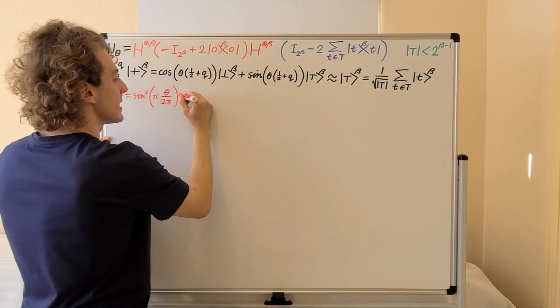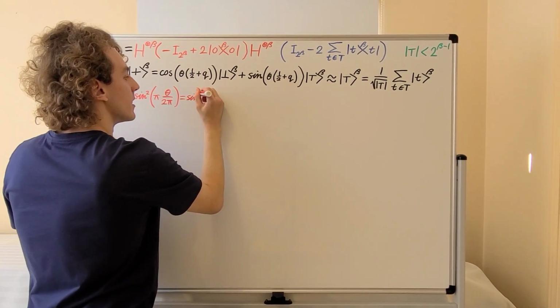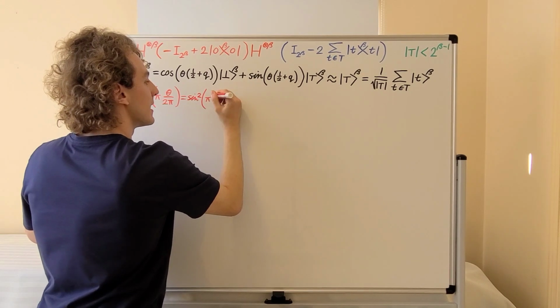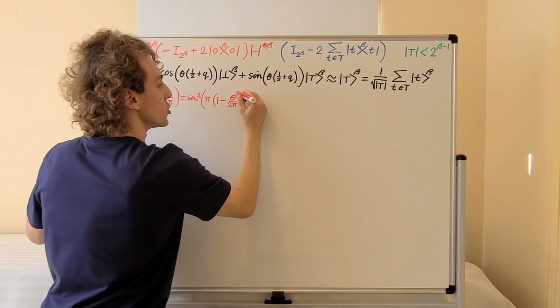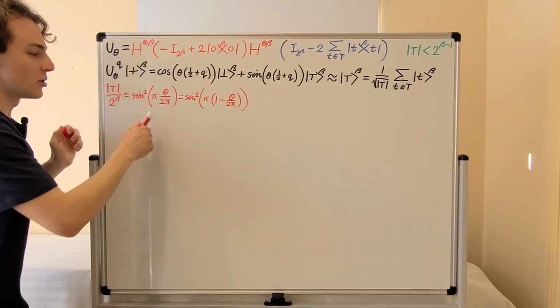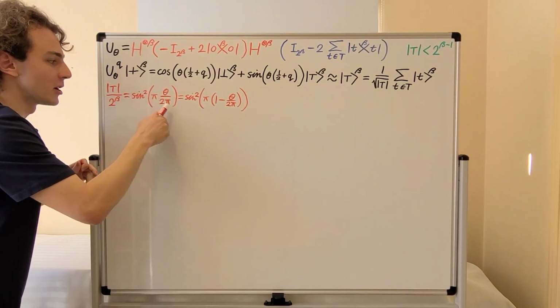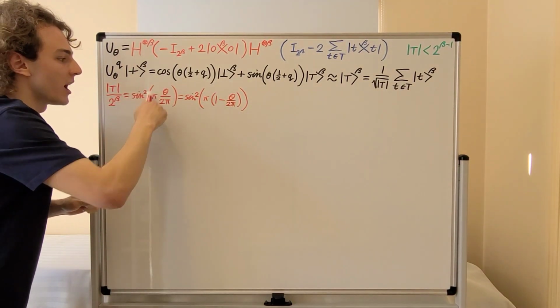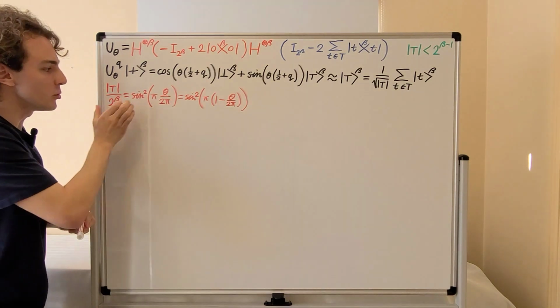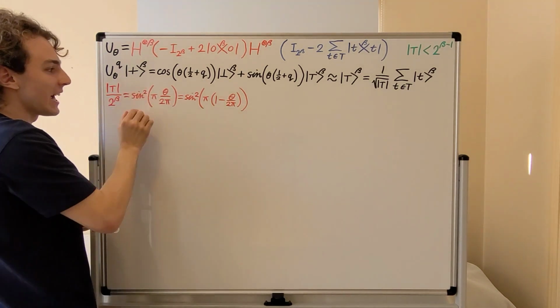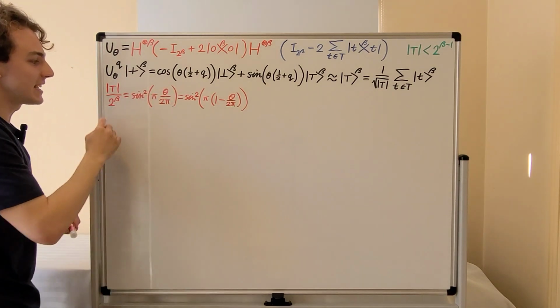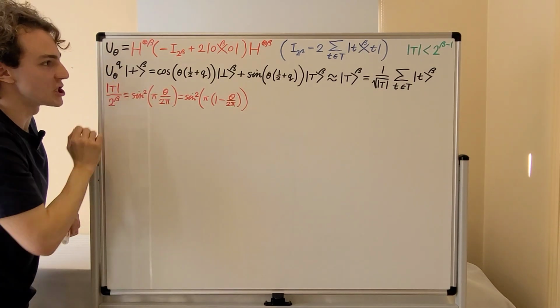And equivalently, we can write this as sine squared of pi times 1 minus theta on 2 pi. So if you cancel these pi's over here, you're going to get sine squared of 1/2 of theta. And then if you take the square root of both sides of this equation, you can see that sine of 1/2 of theta is equal to the square root of this ratio.